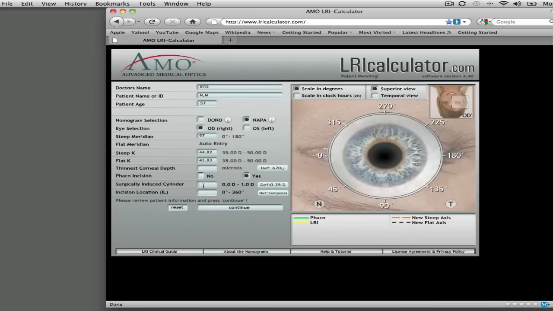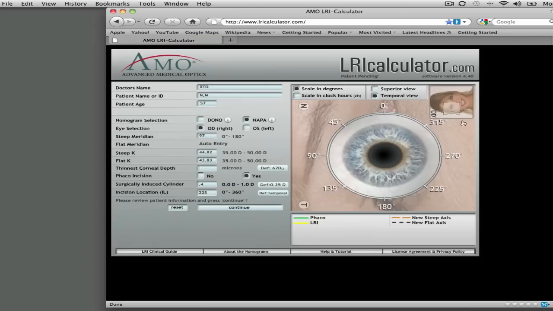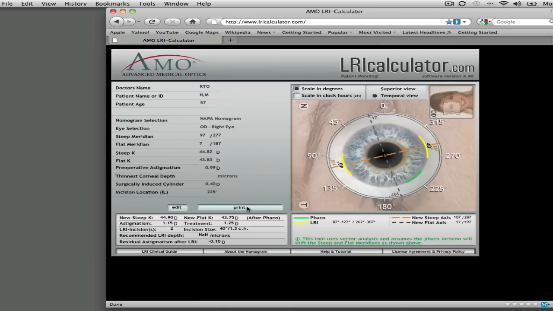We're going to do this surgically. This astigmatism is 0.4, and the axis of my incision is 225. We want a temporal view, so this shows a picture here so we don't get confused. The eyebrow, this is 180, 90, and 270. Click on continue.